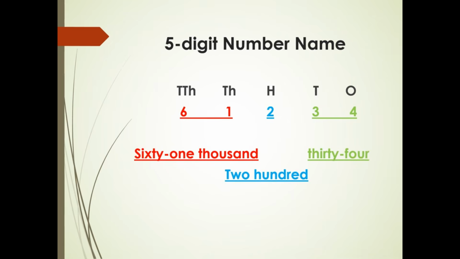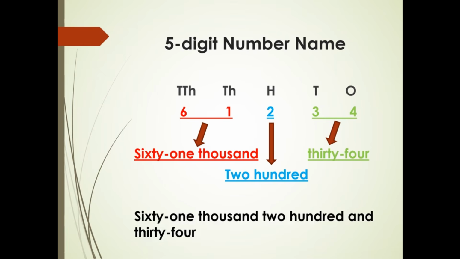The hundreds column will be named as 200, and the tens and ones digits will be called 34. The name of this number will be 61,234.